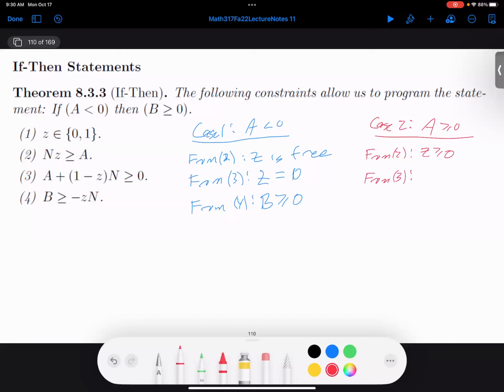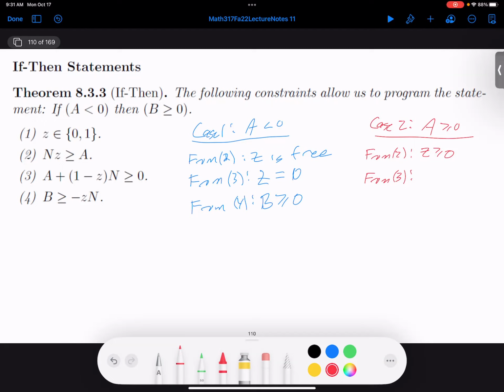So from 3, if A is non-negative, do we have any information about Z? We want the left-hand side of 3 to be non-negative. If A is non-negative, 1 minus Z times N is always going to be non-negative, right? And so is there anything forced on Z from equation 3?